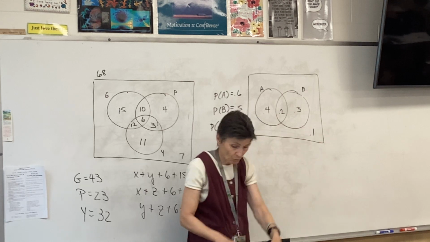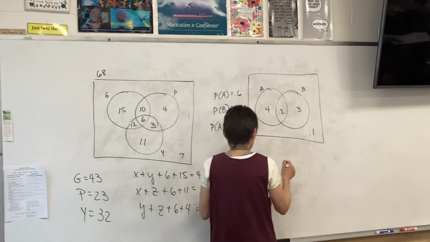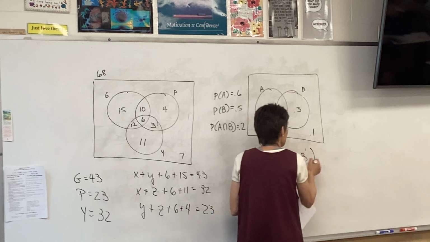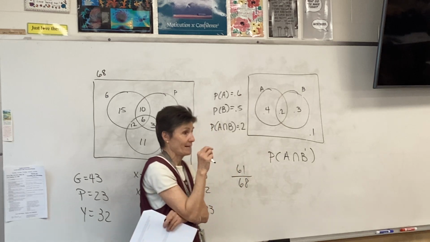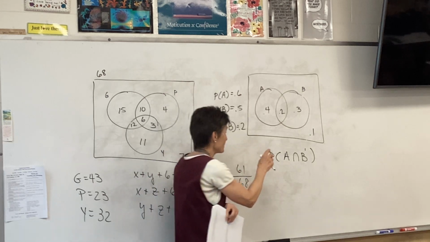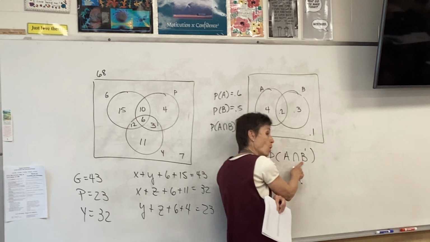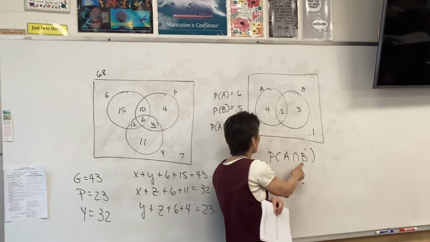Okay, now let's answer the questions. We got some notation things going on. What's the probability of A and not B? That little hash means not. So this means I like apples, but I don't like bananas. So where am I?